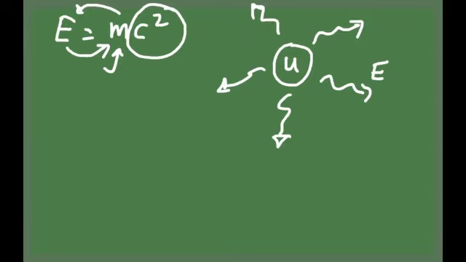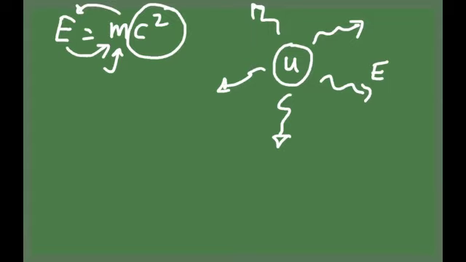The conservation of energy said that energy is not created or destroyed. Therefore, that energy coming out of a radioactive substance must be coming from somewhere else. It must be the result of some other form of energy being converted into this energy that gets radiated out of the object.